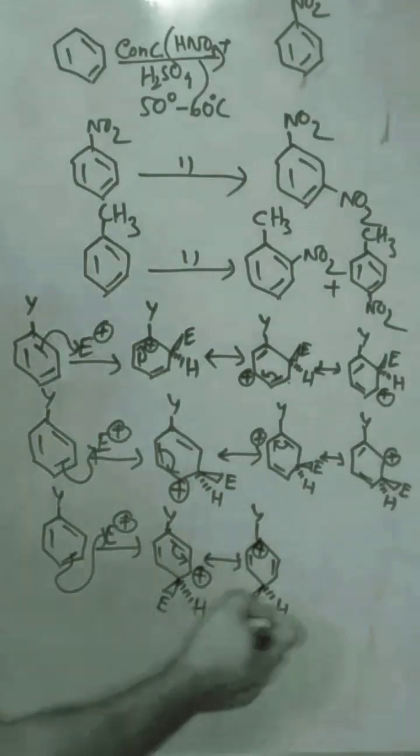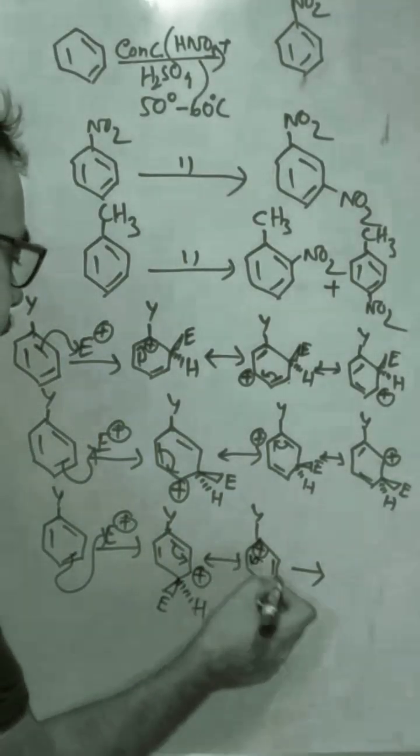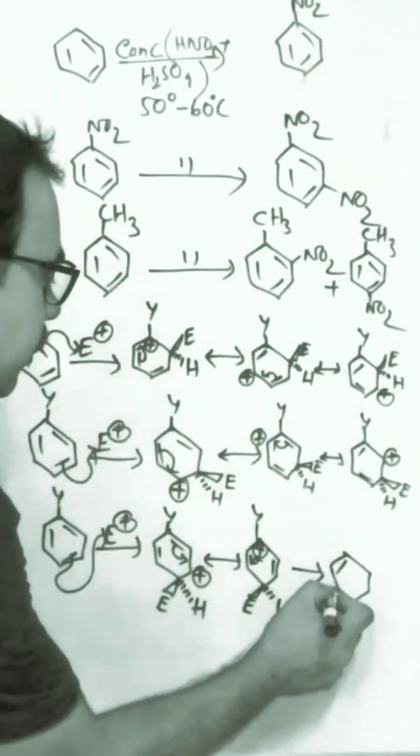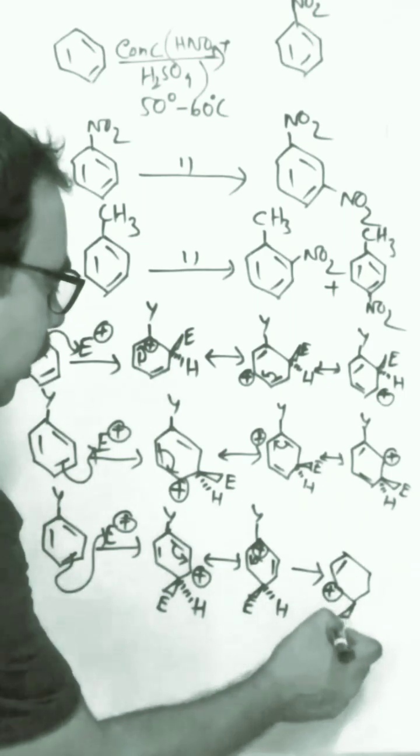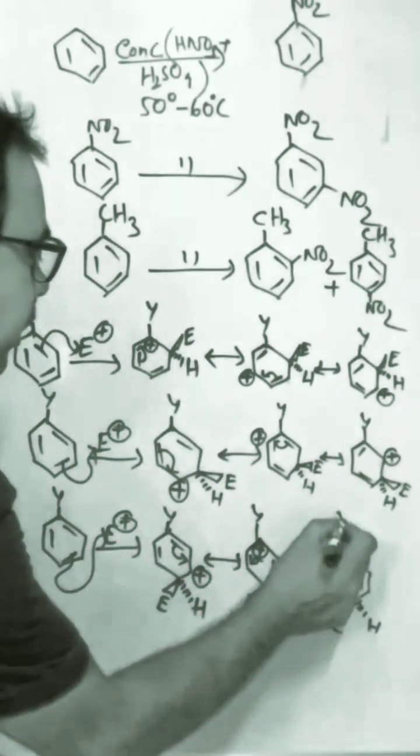The next resonating structure will be electrophile, hydrogen, double bond, and that substituent.